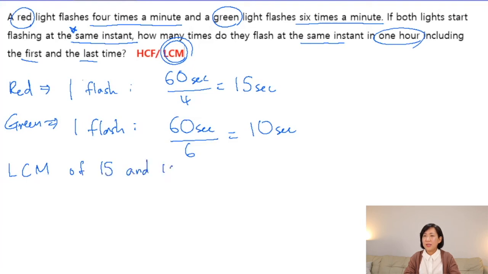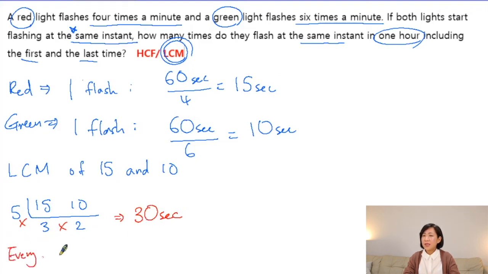You use the factors of 5, 3, and 2 and multiply all the numbers together. That gives you 30, right? Then double check with your units: 30 seconds. That means every 30 seconds, the red light and the green light are flashing together, right?